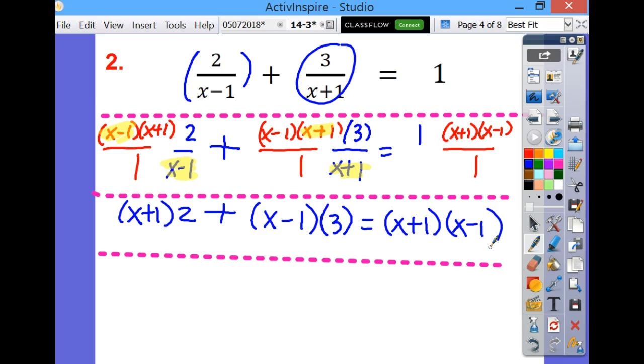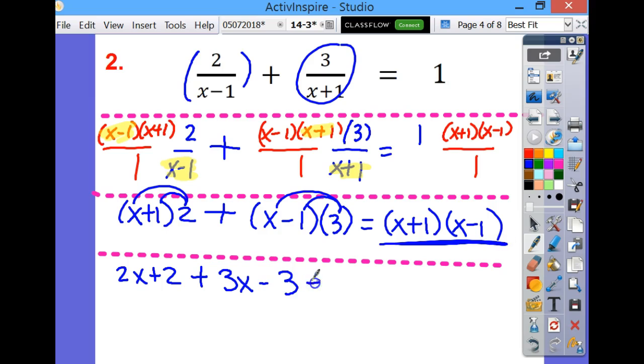Now I need to distribute and FOIL and combine like terms. I need to multiply that. I need to multiply the 3. This, you need to FOIL or use a box problem to multiply that out.